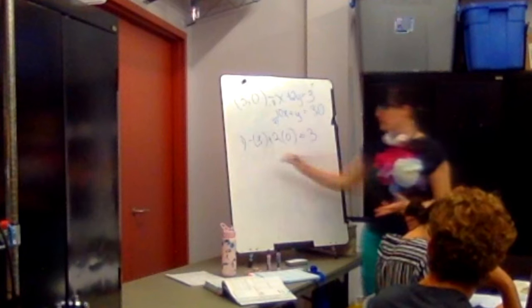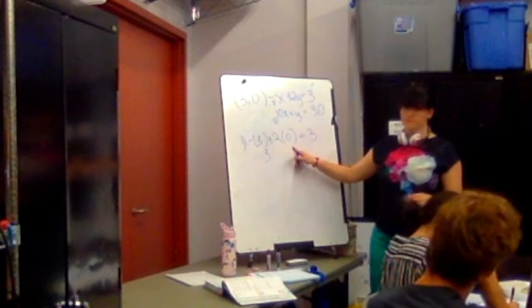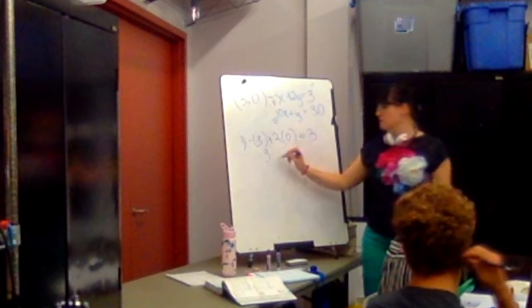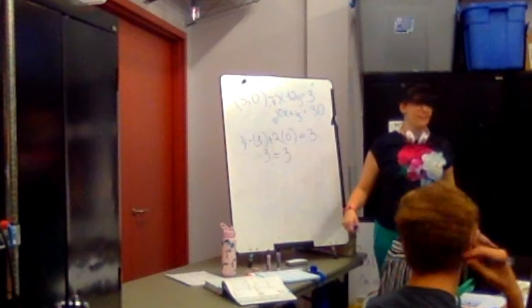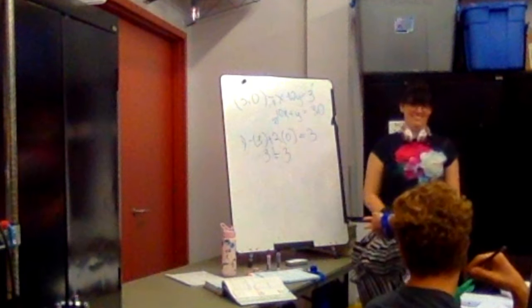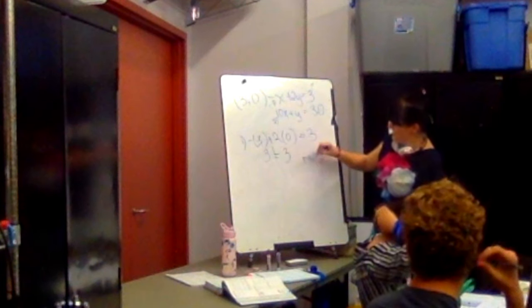So simplifying this down, negative 3, 2 times 0 is 0, so that's just gone, equals 3. Does it? No. So, this is not a solution.